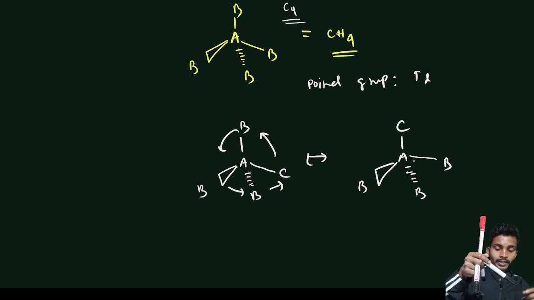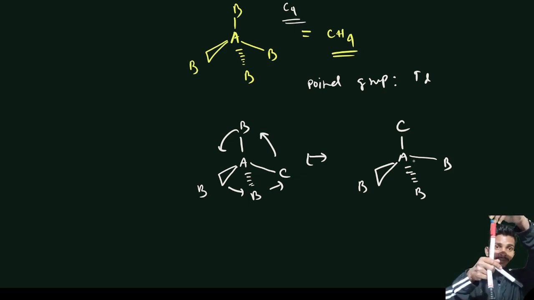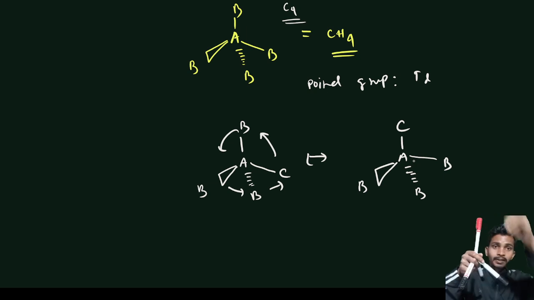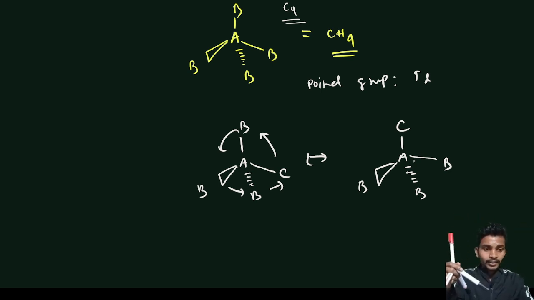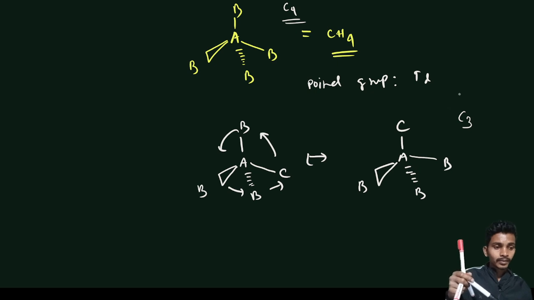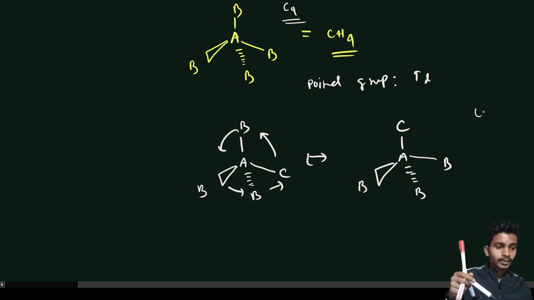If I pass any axis of symmetry through this different molecule, this red one, and these three are the same, and if I rotate, then this will rotate. So C3 axis is present here. So here E is present, first E, then C3 is present.